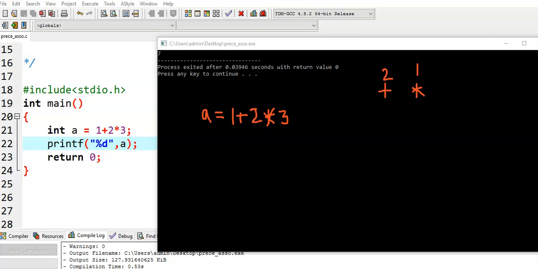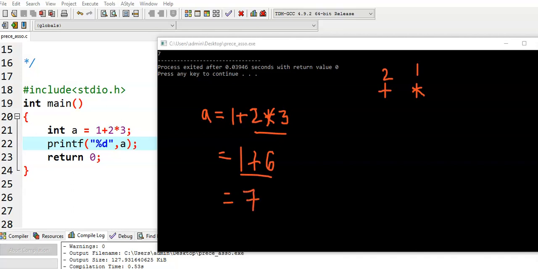So star, that means asterisk, is given first priority and plus is given second priority. That's why first of all 2 into 3 is executed. So this expression becomes 1 plus 6, and then 1 plus 6 is executed and finally the answer becomes 7.